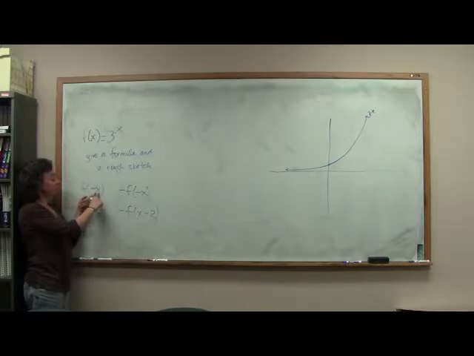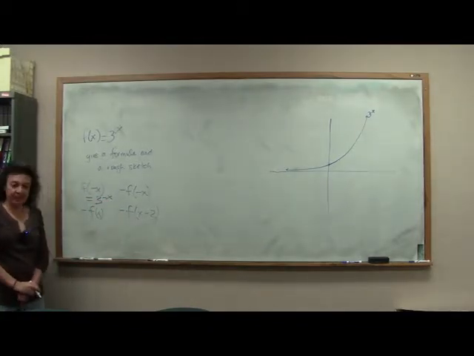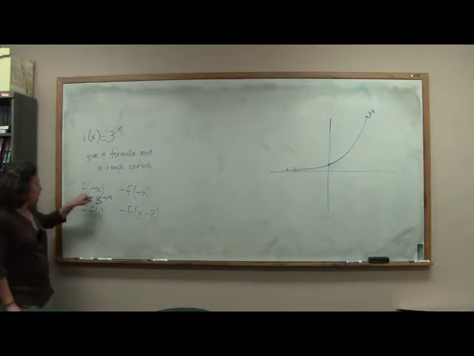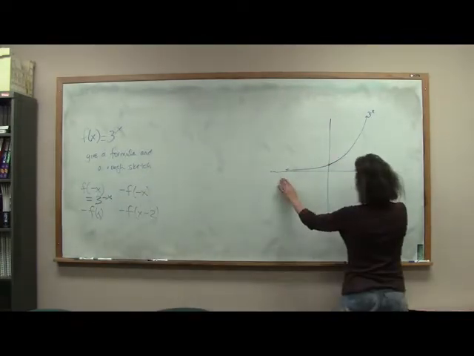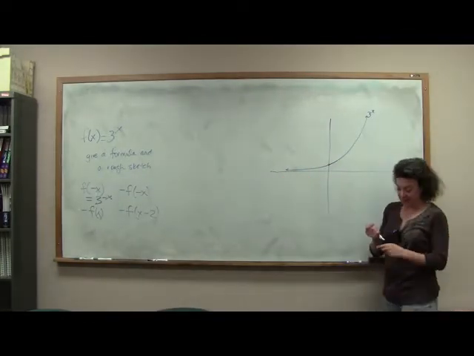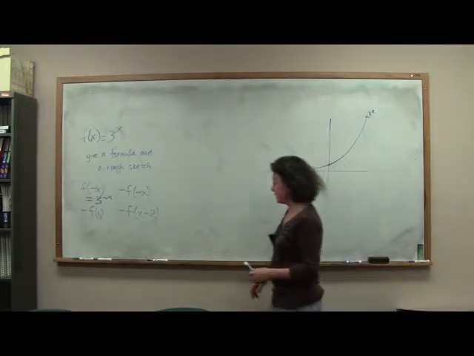F of negative x, everywhere where we see an x in our function f, we're going to plug in negative x. So the formula looks like 3 to the negative x. But what does f of negative x tell us to do? Remember, you replace x with the opposite of x. In other words, you reflect it about your y-axis.